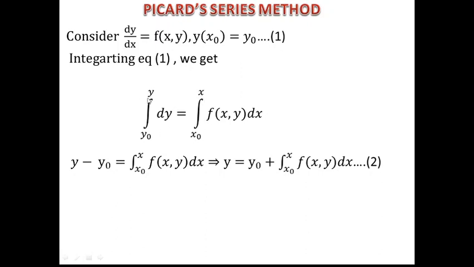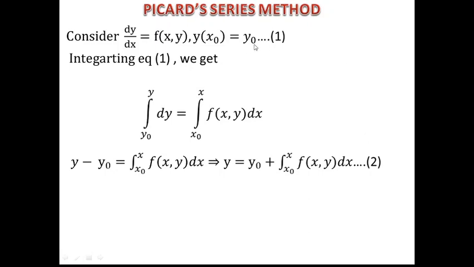Here the left hand side can be integrated. The integration of 1 is y, and then applying the limits we get y minus y naught equal to such an expression. Here f of x, y is an unknown function which appears under the integral sign. If you observe, equation 2 is nothing but an integral equation which involves an unknown function f, with one initial condition y of x naught equal to y naught.